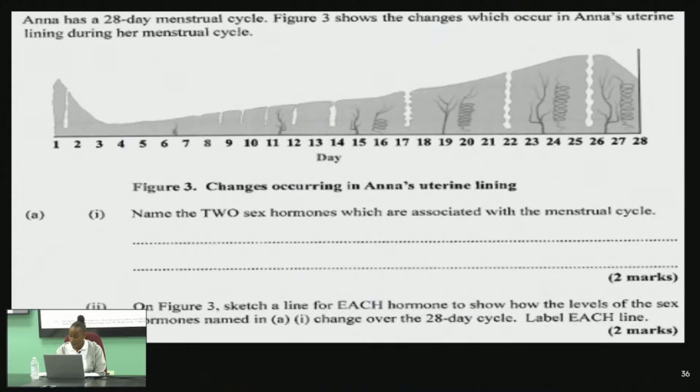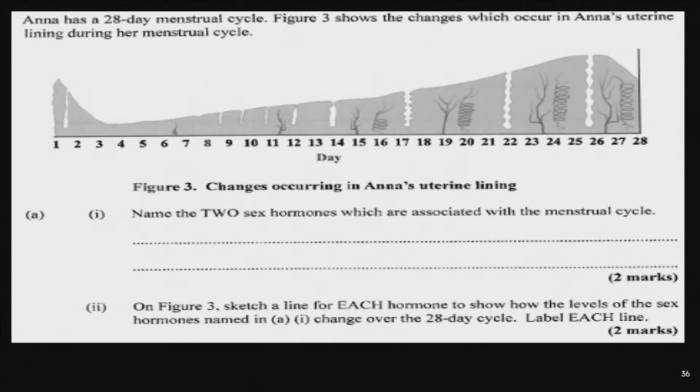And the two hormones that we would have had are estrogen and progesterone. All right, now the next question is asking us to sketch a line for each hormone, which shows the levels of the sex hormone that we would have listed above. Now, normally when we are sketching the line, we would have identified day number 14 to be the day on which ovulation takes place.